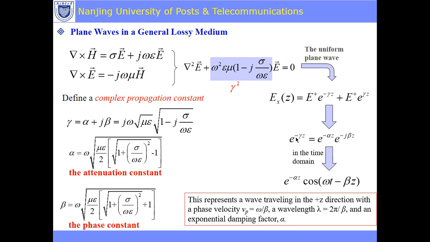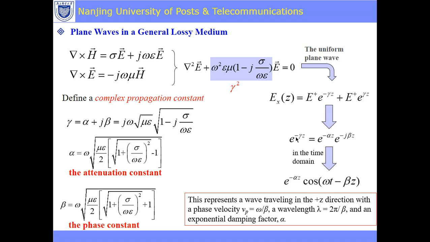Who will reflect it? The j, the second component will reflect that. That's why we have this complex propagation constant now, because it's a lossy material. So this is basically reflecting loss of energy, the loss component.